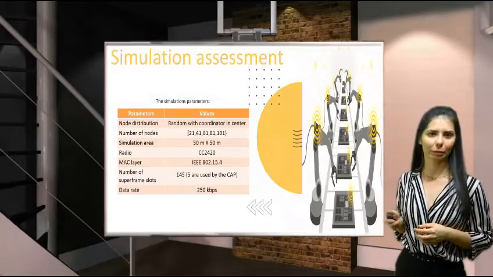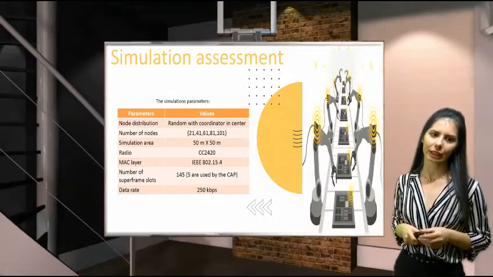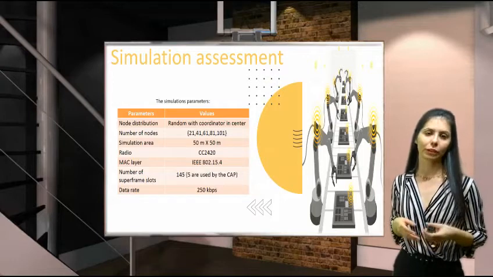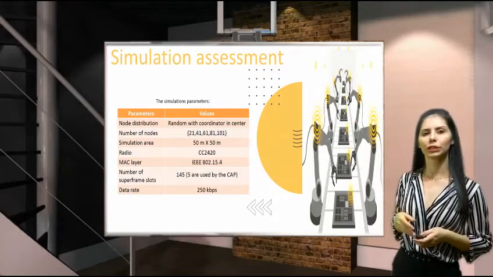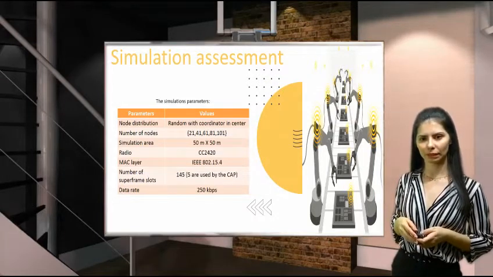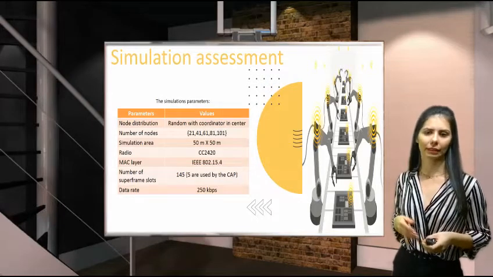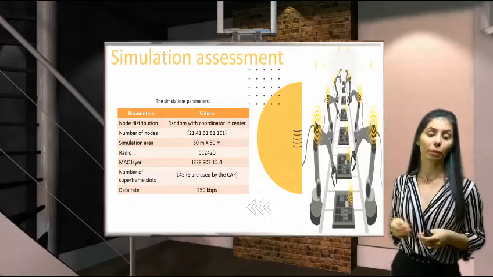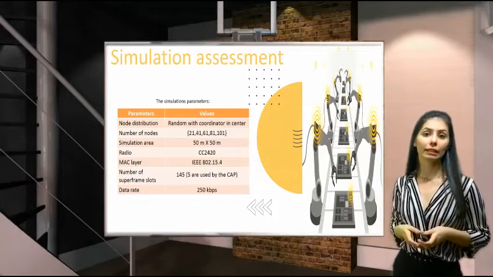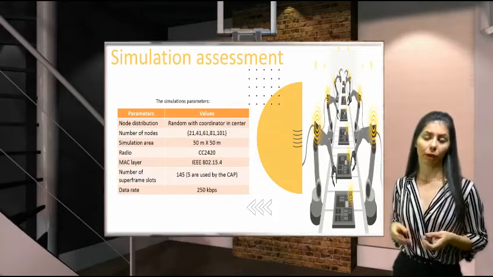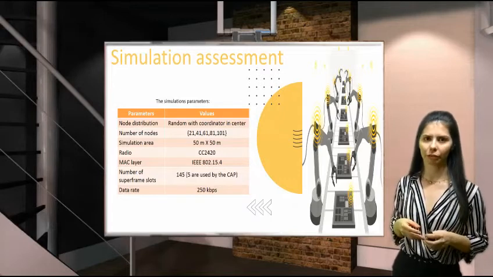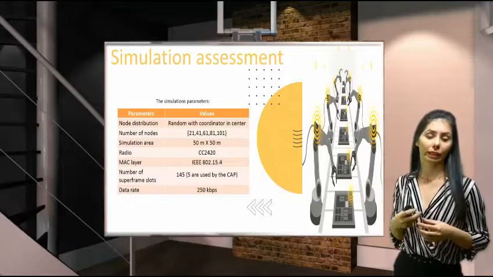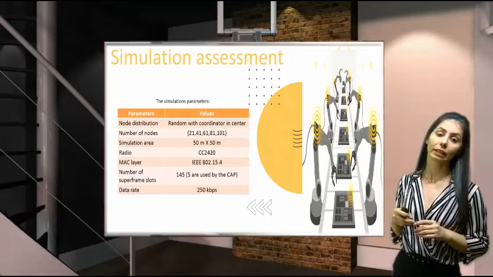To evaluate the performance of the algorithms, we performed a simulation assessment using the network simulation tool OMNeT++ and the wireless sensor network framework Castalia, which allow us to represent a real scenario. The simulation execution time was set to 450 seconds, and in this table we can see some of the parameters that were used.